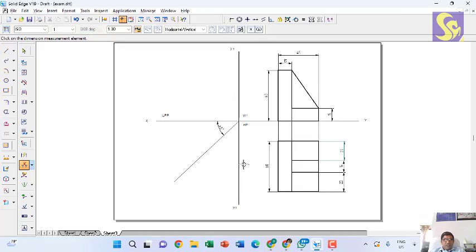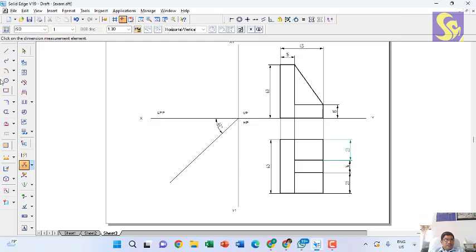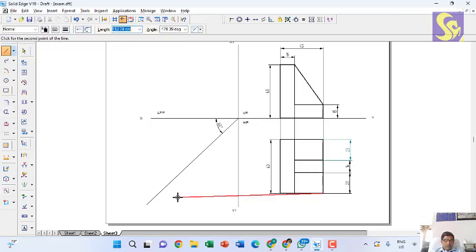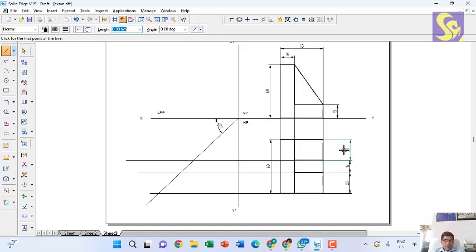You need to just rotate all the lines from the top view onto this 45-degree line. I'll extend it a little bit. I'll project all this onto this 45-degree line, and project it to the side of VP.